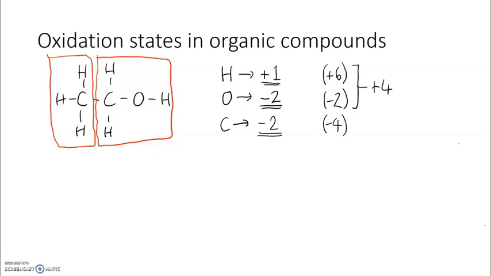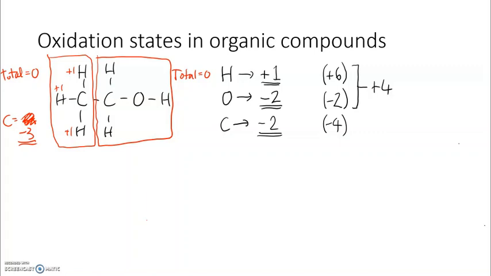So in this case, we have to have a total of 0 for this section and a total of 0 on this section. Now, if each of these hydrogens within this section is +1, that means this carbon is not a +3, but a -3 oxidation state.